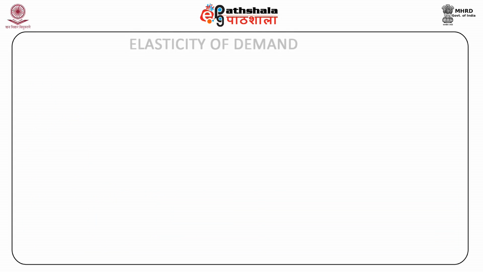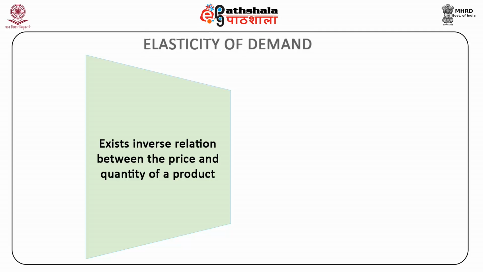Now, since there exists an inverse relation between the price and the quantity of a product, as the price increases, the quantity demanded falls. Therefore, the value of price elasticity will always be negative. In order to overcome this, we add a minus sign in the above equation itself so as to get the positive elasticity, because it is easier to apply further applications on positive numbers.